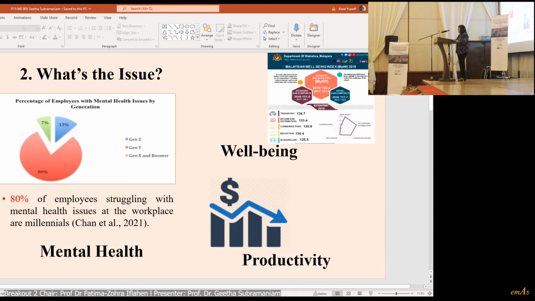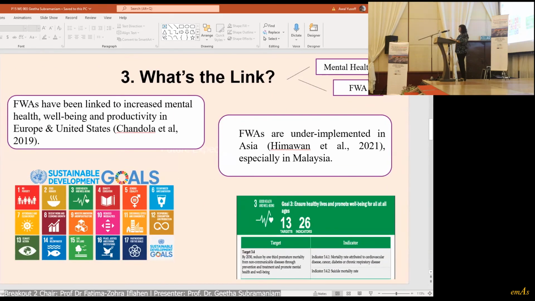All of them are interrelated: mental health, well-being, and of course studies have shown that productivity gets affected. So what's the link? Flexible working arrangements have been linked to increased mental health, well-being, and productivity in many countries. So I wanted to try to see what it is in Malaysia.